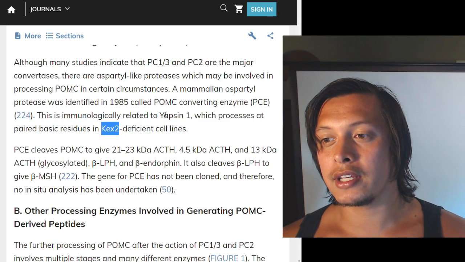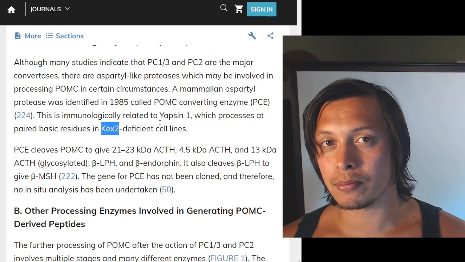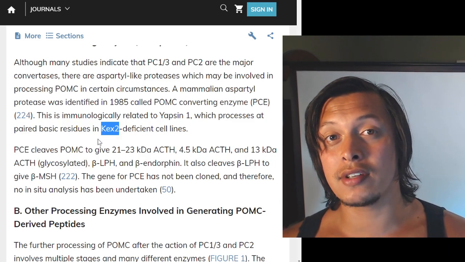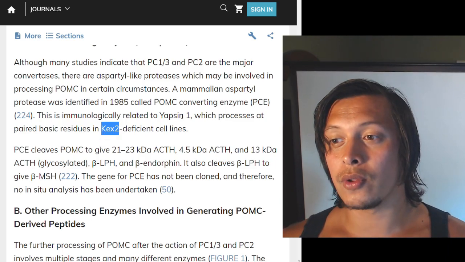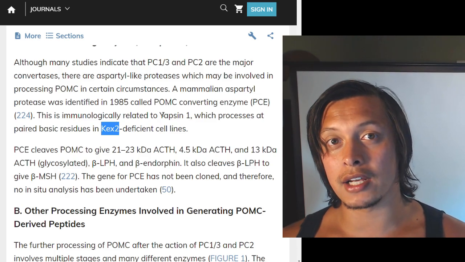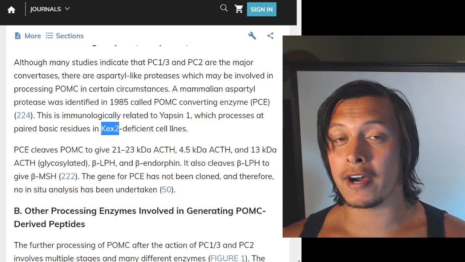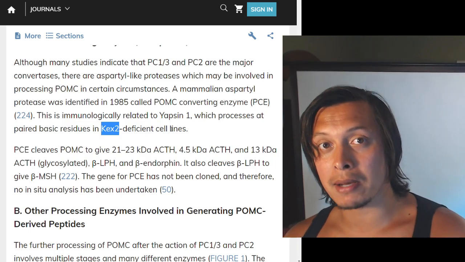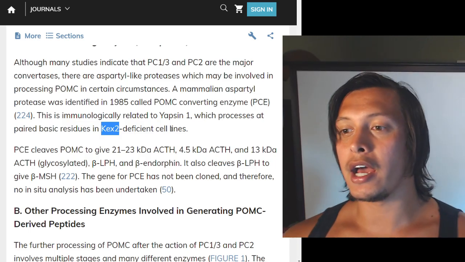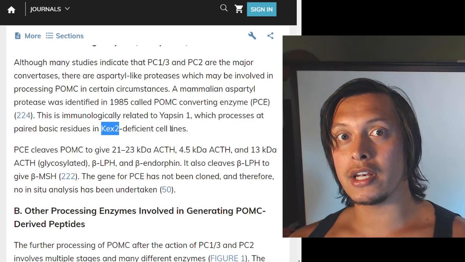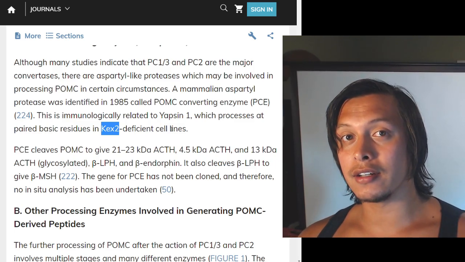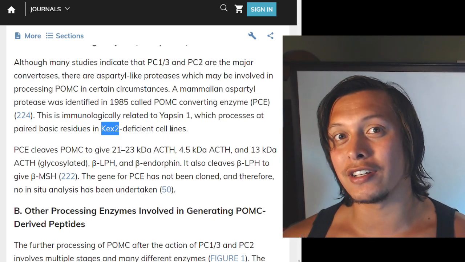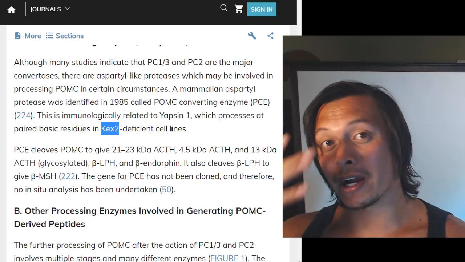Here, yapsin is an aspartic protease, and kexin is a serine protease. So these are two completely different things. However, we frequently find related proteins in mammals and other organisms, and we often will name the mammalian enzymes after their closest relation in yeast or other microorganisms.